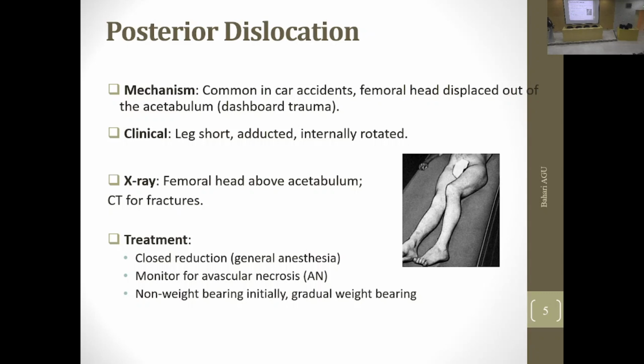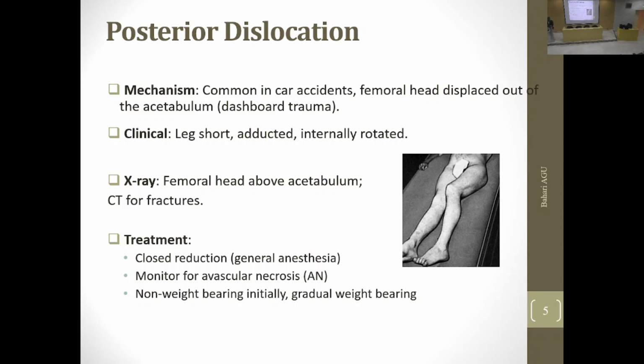And X-rays, if we do X-ray, we will see that the head is out of the acetabulum, either posteriorly, the common type, or anteriorly, the rare one. And sometimes when we need to do a reduction, if there is any problem, we do the reduction in the ER.